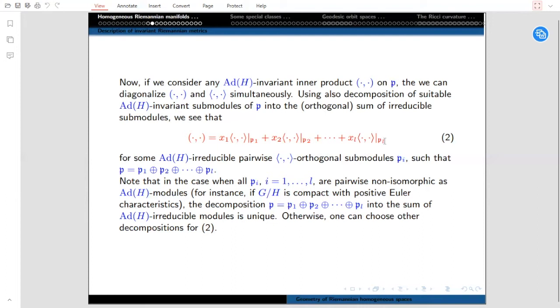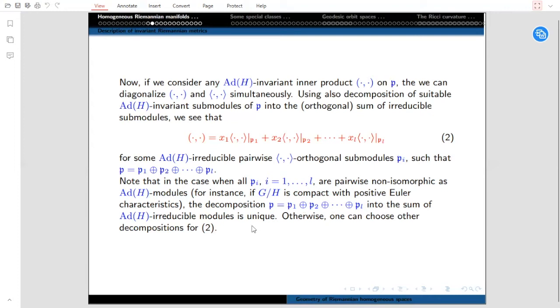Note that in the case when all these submodules are pairwise non-isomorphic as Ad H modules, it's really very easy to check whether they are non-isomorphic or isomorphic, then the decomposition of such kind is unique.